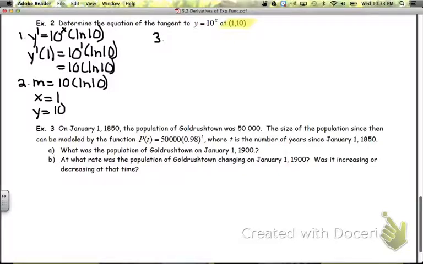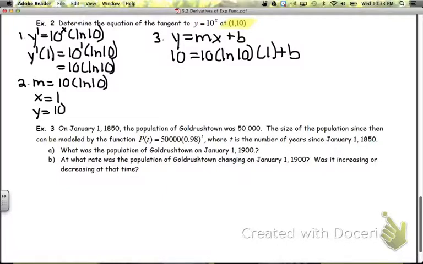Now our third step, I know my formula for any tangent is y equals mx plus b because it's just a linear line. So now I'm going to sub in for all my known values. So I have 10 equals 10 ln 10, which is my slope, times 1 plus b.